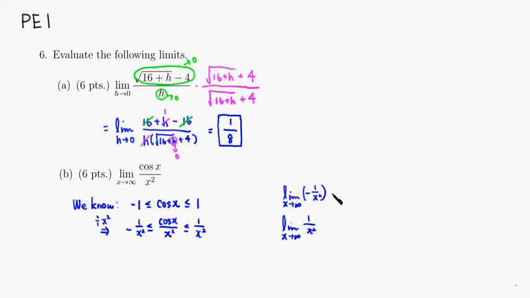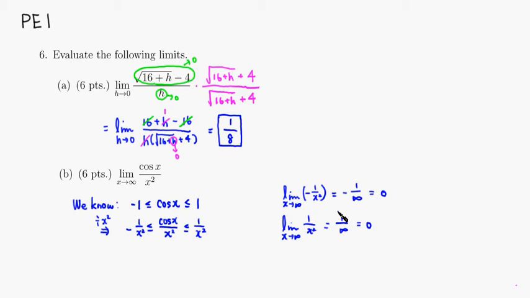So this one is going to go to -1 over infinity squared, which is infinity, so that's going to be 0 anyway. And this one is 1 over infinity squared, which is going to go to 0.